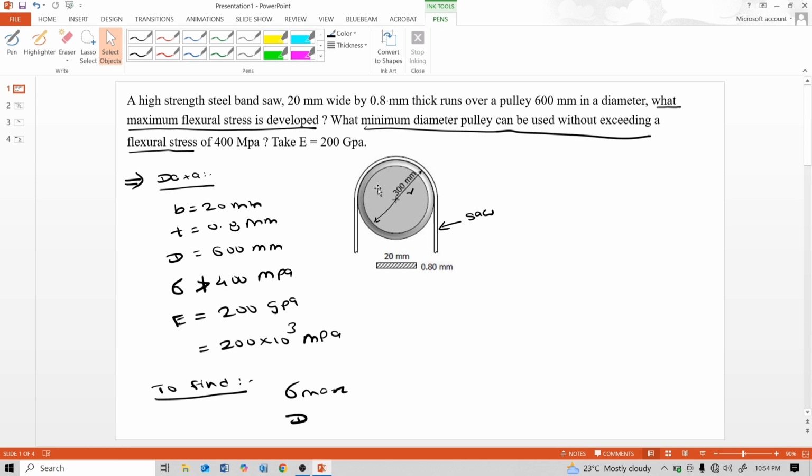So see this figure, this is the pulley and steel band saw arrangement. The steel band saw is 20 wide, 0.8 mm thick, and the pulley is 600 mm diameter.